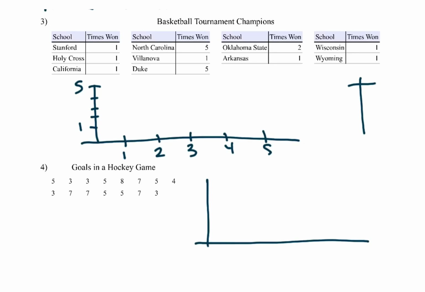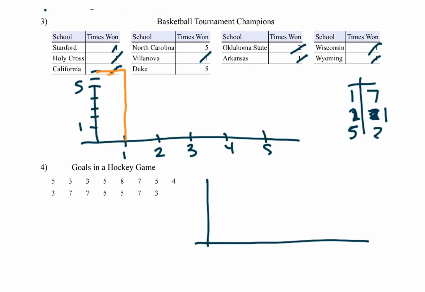So I have no 0, so I have 7 ones. I have 1, 2, and then hold on, what did I do? That should have been 2. And that should have been 1. And then I have, for 5, we have 2. Okay, so at 1, we go clear up to 7.